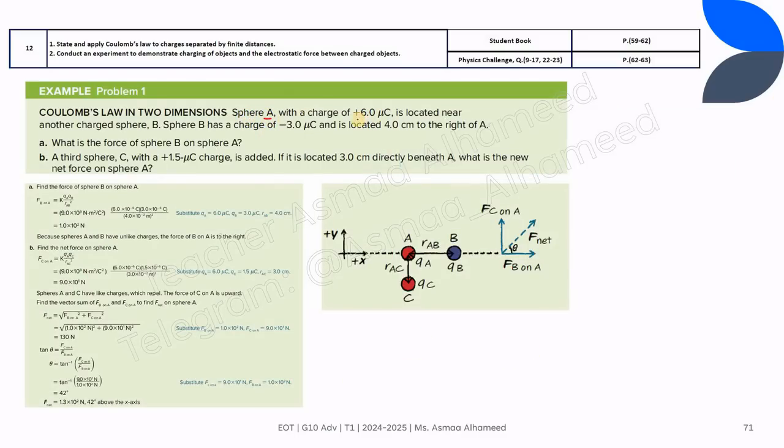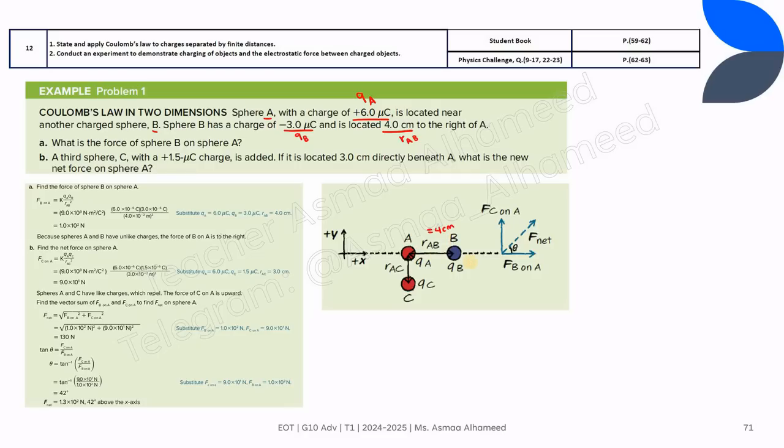Let's see this question. Here you have sphere A with a charge of this much. So this is Q of A, located near another charge B, where the charge B, this is QB, is equal to this much, and this is the distance R between A and B, to the right of A. So here is A and B charges. You have A to the left and B to the right, and the distance between them is equal to 4 centimeters.